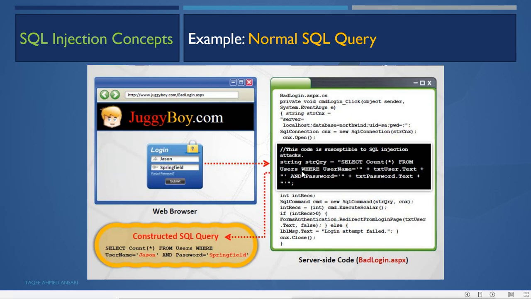It is saying string str query is equal to select count star from user where username is equal to this plus text user text plus and password is equal to this, also a text password text. That means the username and password are going as text, not encrypted either. And this string will become a query like this: select count from user where username is equal to this and password is equal to this.